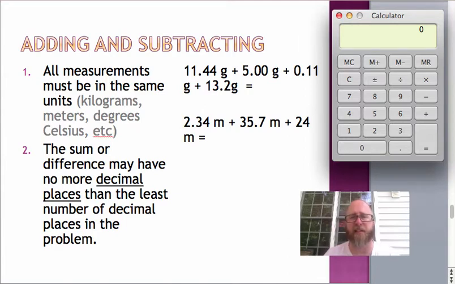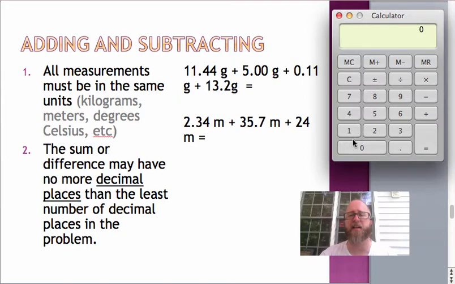All right, that's a lot of words and it might be a little bit hard to understand, but just walk with me and I'll show you how this works. Okay, so let's look at our first example here. We have 11.44 grams plus 5.00 grams plus 0.11 grams plus 13.2 grams. Okay, so we're all in grams, so that's good. Let's just go ahead and put this in our calculator.